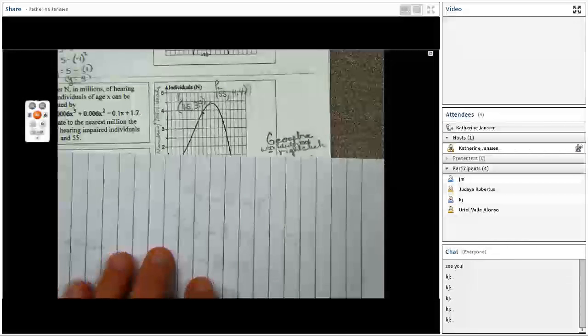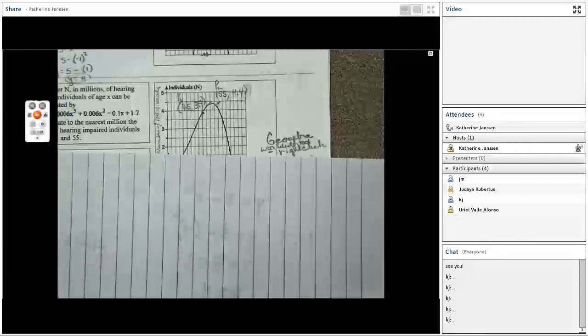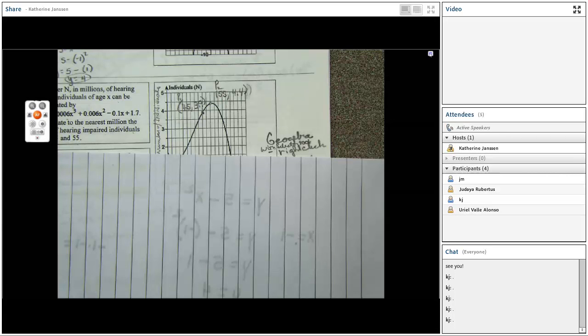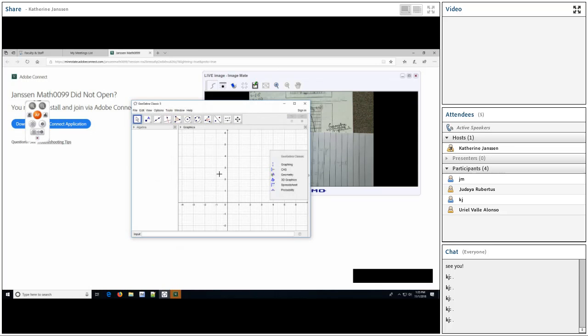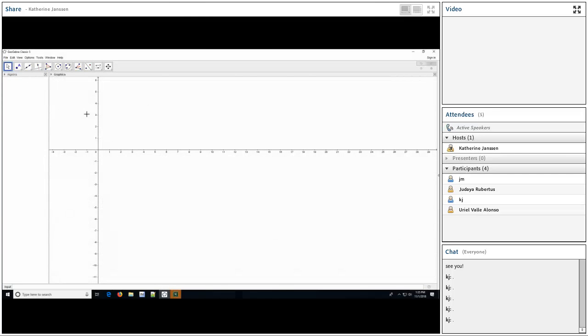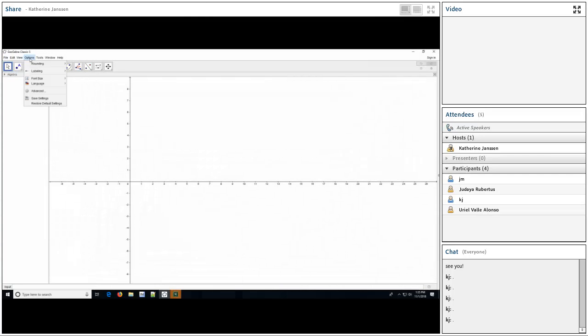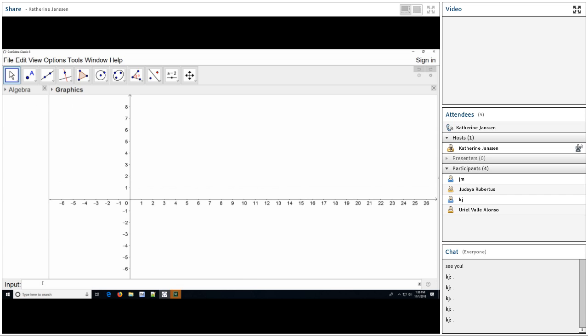I'm going to try one more time at GeoGebra. I've got my points plotted here. I solved it algebraically, but let's try one more time with GeoGebra. All right, so I'm converting to x and y.